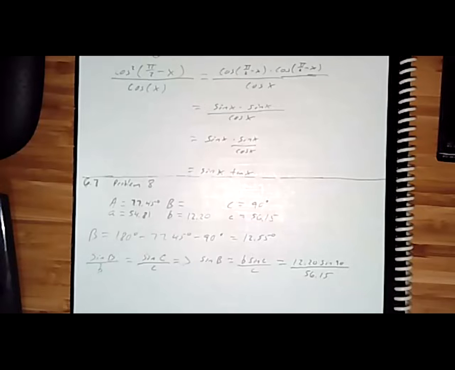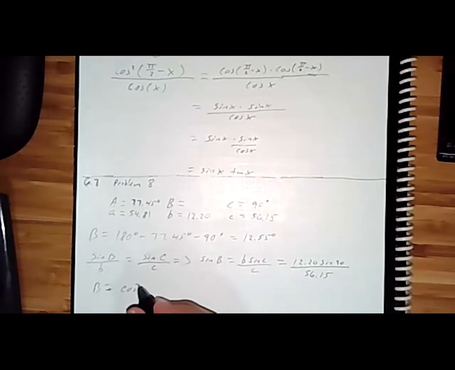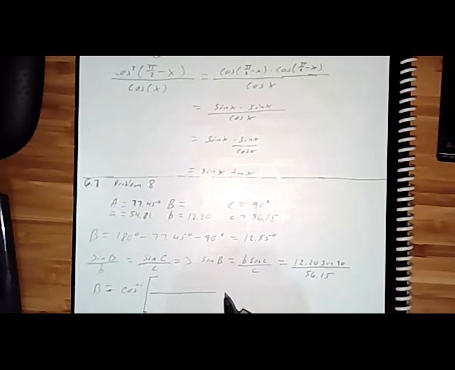I didn't use sine, I used cosine. Oh, wait, hold on. So what formula did you use? I used cosine b. Oh, okay. I'm sorry. I thought you were doing law of sines. No, I did cosine, using this guy equal to cosine inverse of 54.81 over 56.15. Write down the form. Don't ask me why I was using that. I have no idea why I was. It's just for fun, right? Yeah, I guess.